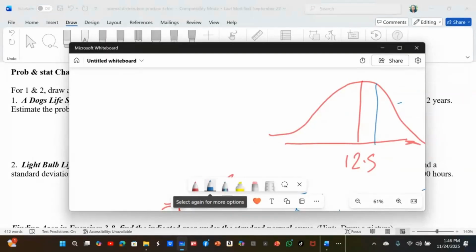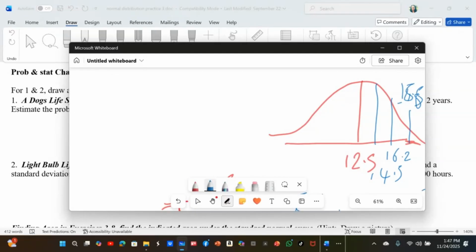The standard deviation is 2, so 14.5 is one standard deviation above the mean. Two standard deviations above the mean is 16.5. Three standard deviations above the mean is 18.5.